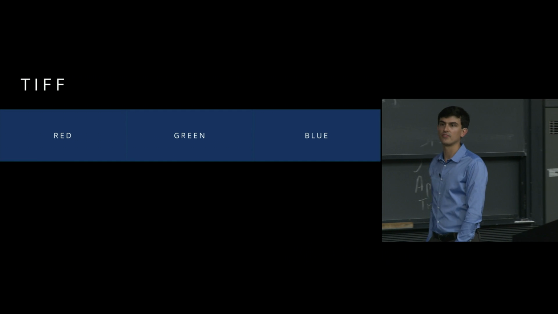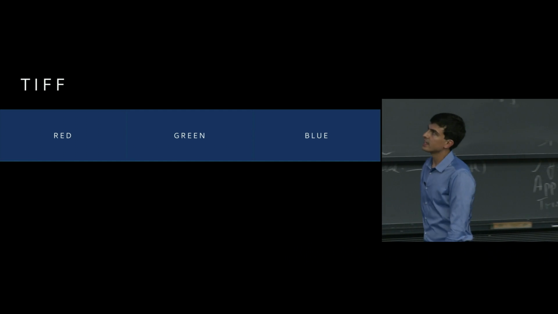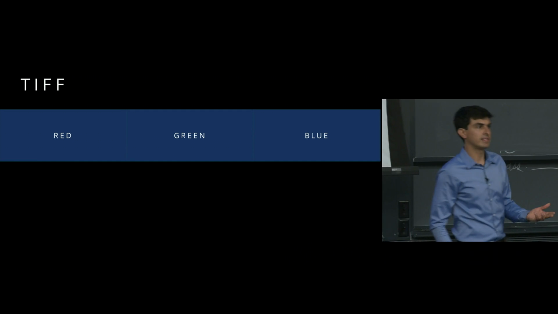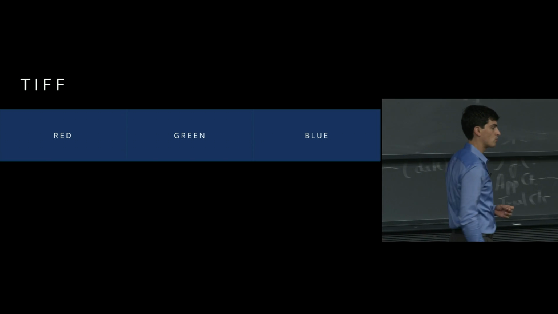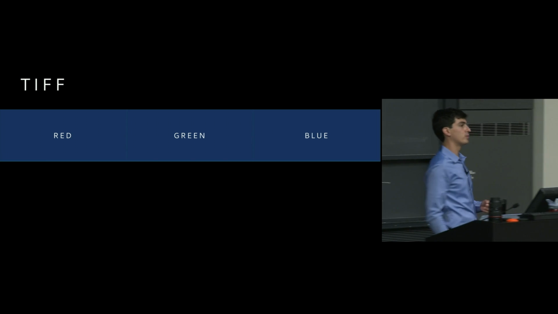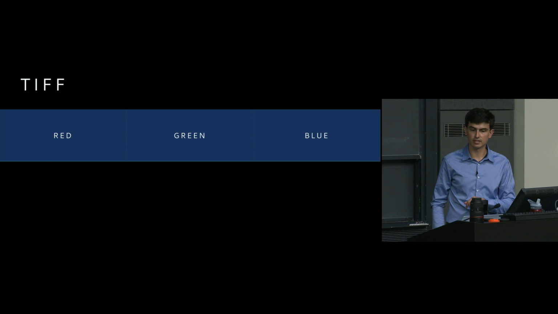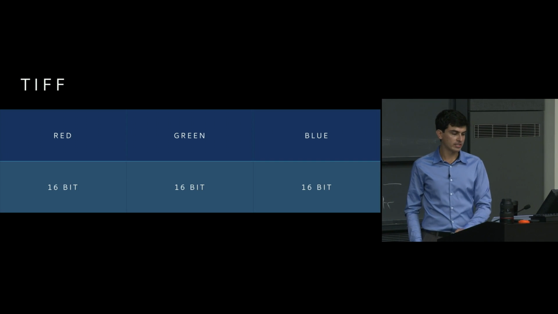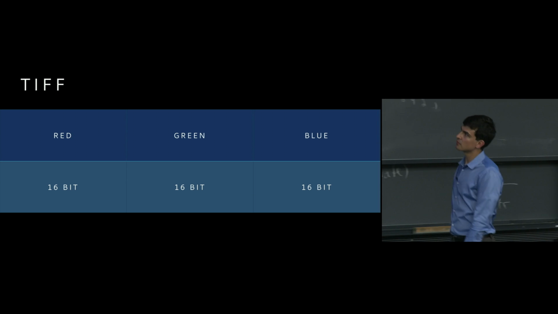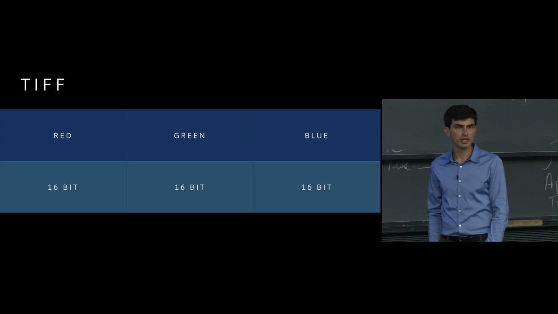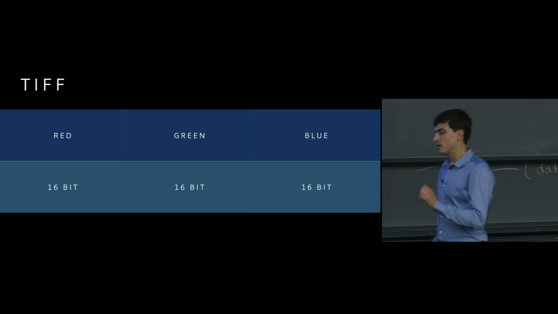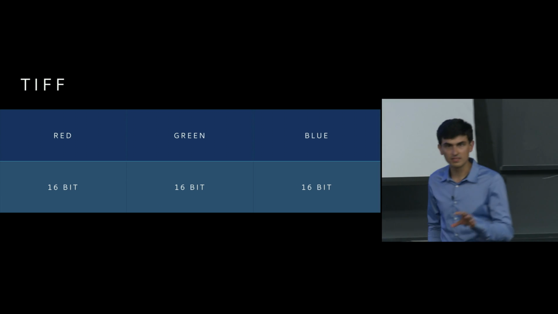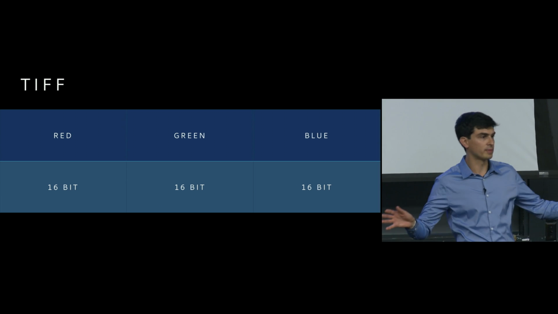For example, TIFF files. They do come in a variety of bit depths, which is another way of saying the number of bits that we can represent at every single color channel. But in this case, we're talking about 16-bit TIFFs, which in essence provide 16 bits of information for the red, the green, and the blue. Now again, to make clear, saying that we have 16 bits of information doesn't mean that we have twice as much data.